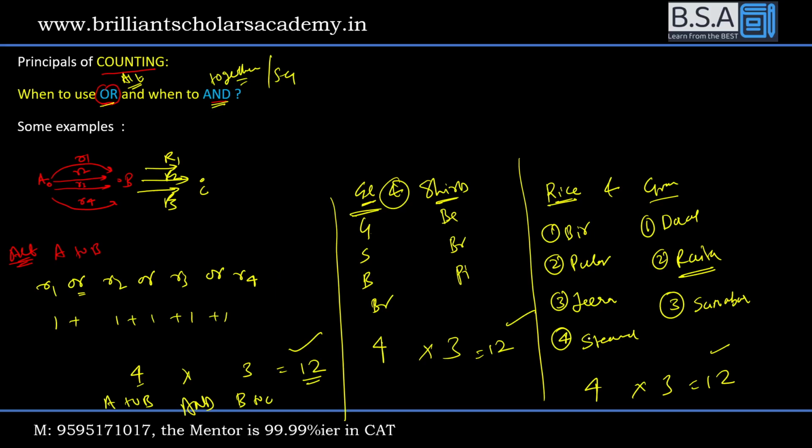So write down these examples. When do we use and? When do we use or? Or are for alternates, and when things are happening together or things are happening in sequence.